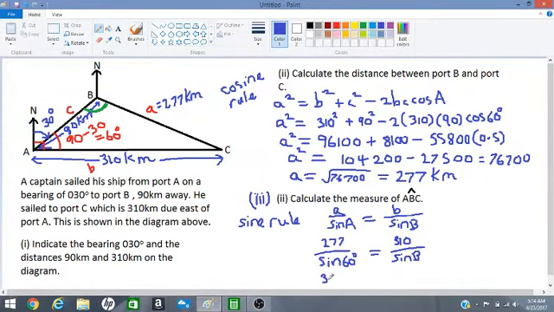Okay, 319.9 is equal to 310 over sine B, which means sine B, this is a little shortcut, you can just put 310 over 319.9 and work that out. See what you get.